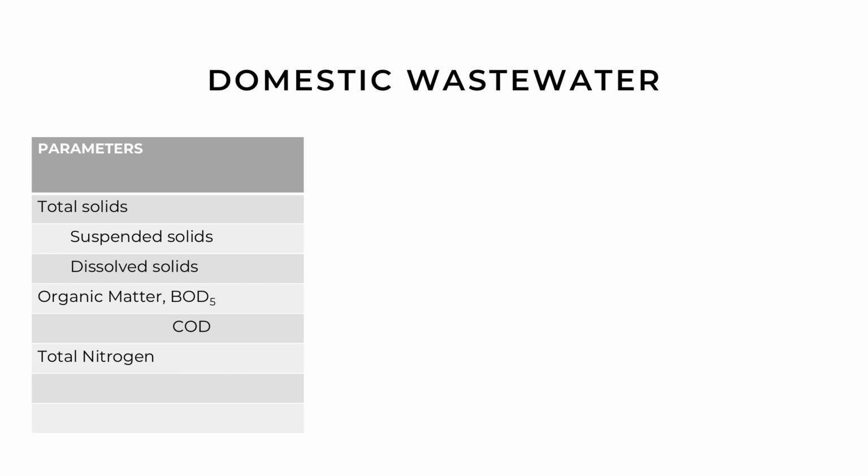Total nitrogen, which includes nitrogen, ammonia, nitrite, and nitrate. This is an essential nutrient for the growth of microorganisms in biological wastewater treatment. Total phosphorus, which exists in organic and inorganic forms.